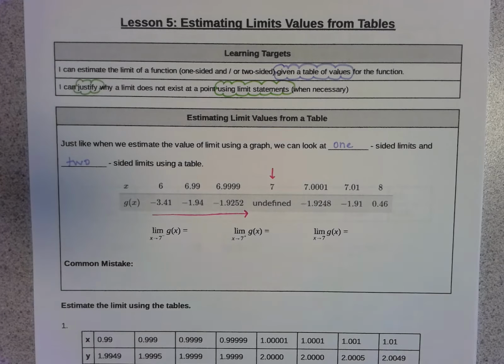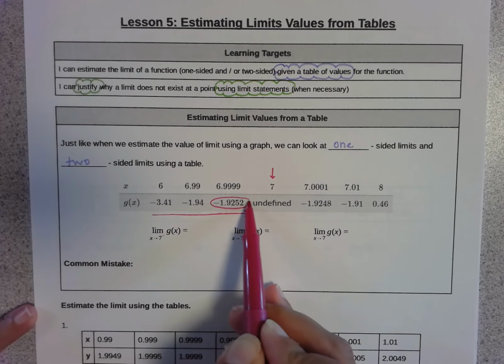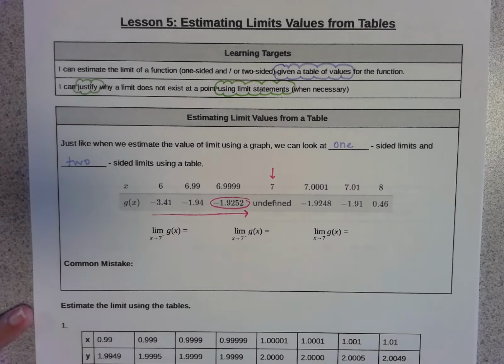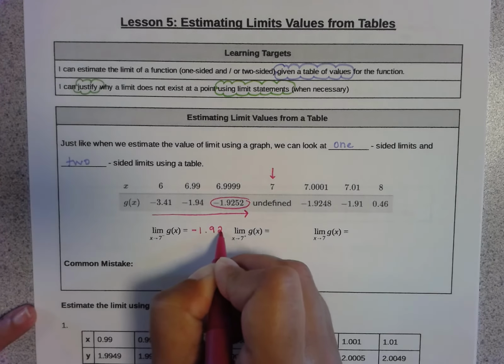Now you might notice that it says undefined here. Remember, we're not paying attention to what the actual function value is. It's possible that on the graph there's an open circle when we get to the actual point. All we really care about is that this number is negative 1.925. So here we would write negative 1.925.